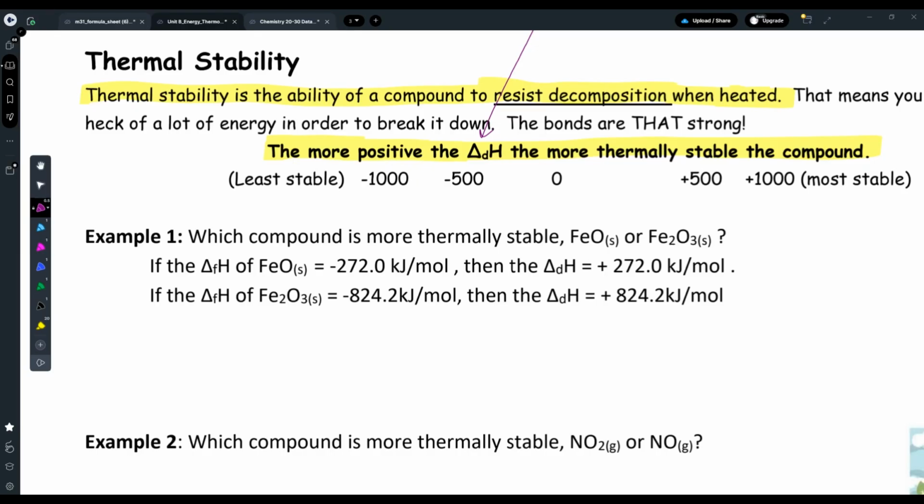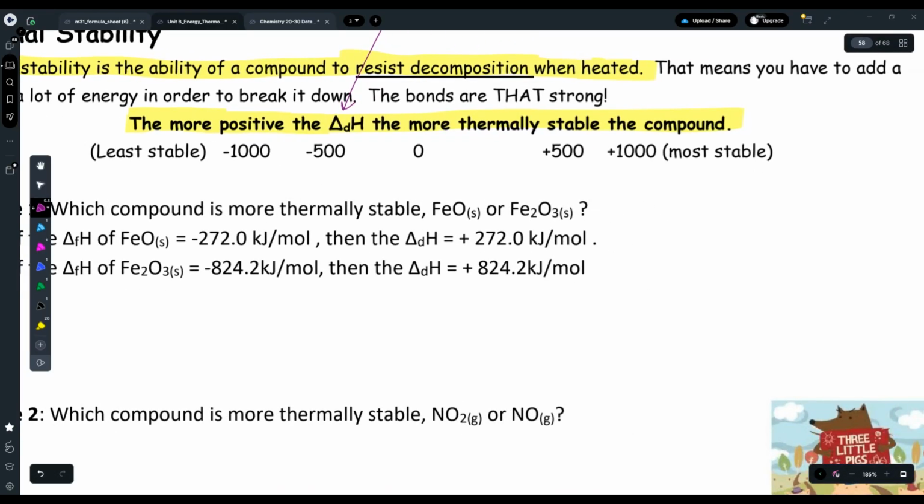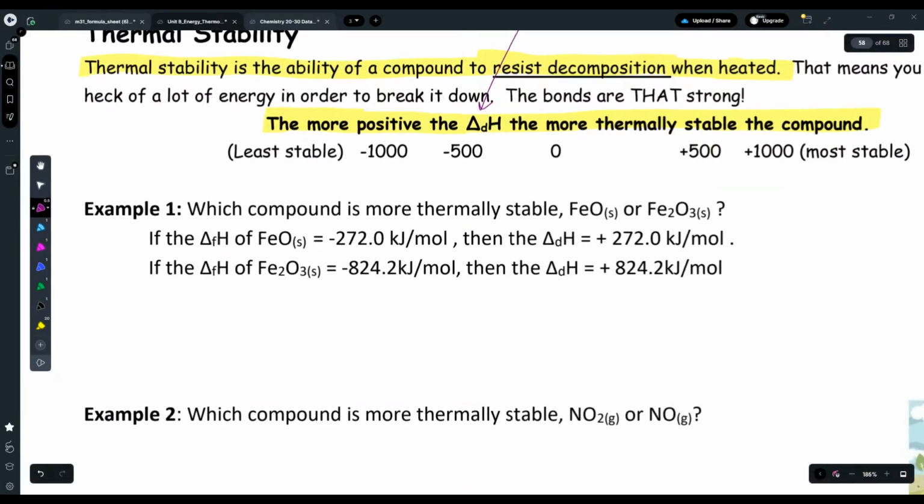Okay, so again, we're looking at which value is more positive. That will tell you which compound is more thermally stable. Okay, so here we know, obviously, iron 3 oxide is more stable because its molar enthalpy of decomposition is 824.2 kilojoules per mole.